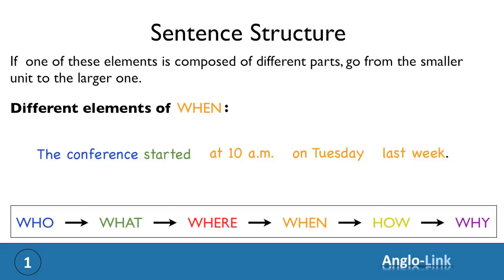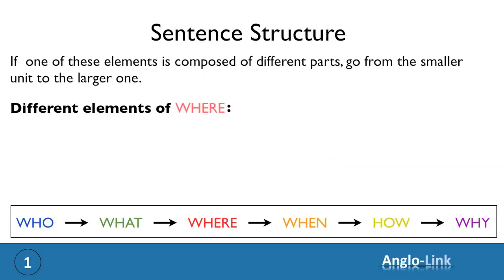The smaller element of when, time at 10 a.m., day on Tuesday, and then week, last week. If you have different elements of where, once again, we go from the smaller one to the larger one. They live in a flat, in a big city, in India. A flat, the city, and then the country.